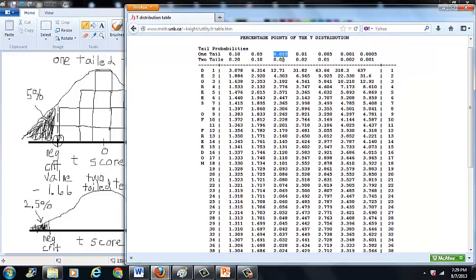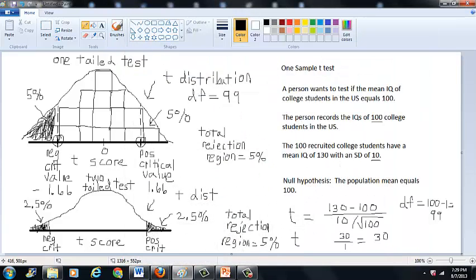When it says one tail 0.025, that means that 1.99 is actually the point that has 2.5% above it at one tail, at one end of the curve up here. You would call this one tail up here.